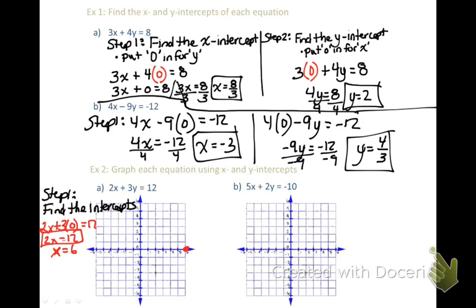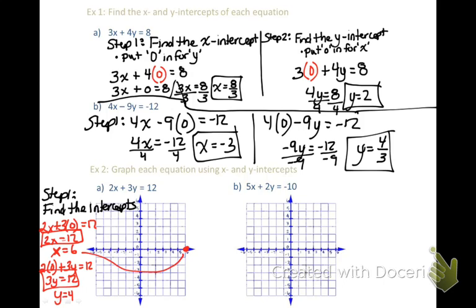Now you're going to do the y. So you're going to go 2 times 0 plus 3y equals 12. 3y equals 12. Again, if you want to just start with that, you can. So y equals 4. And then you graph it.